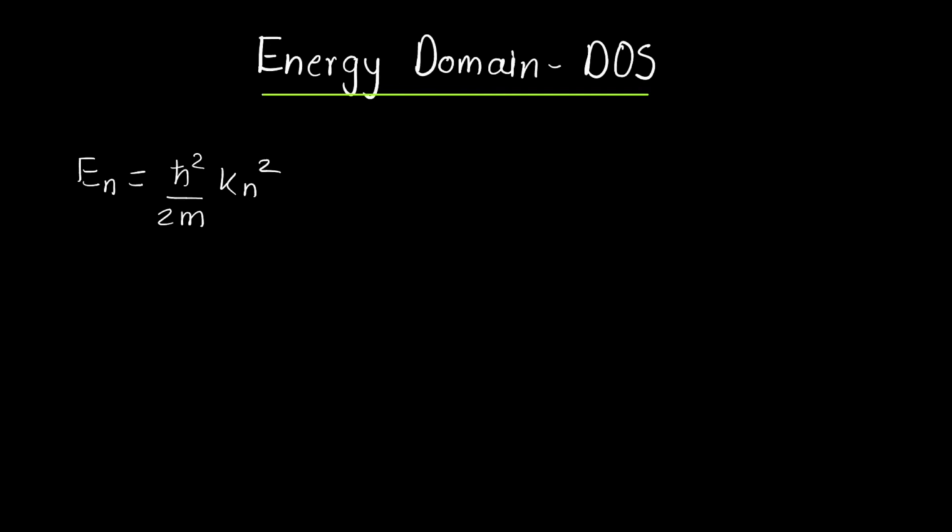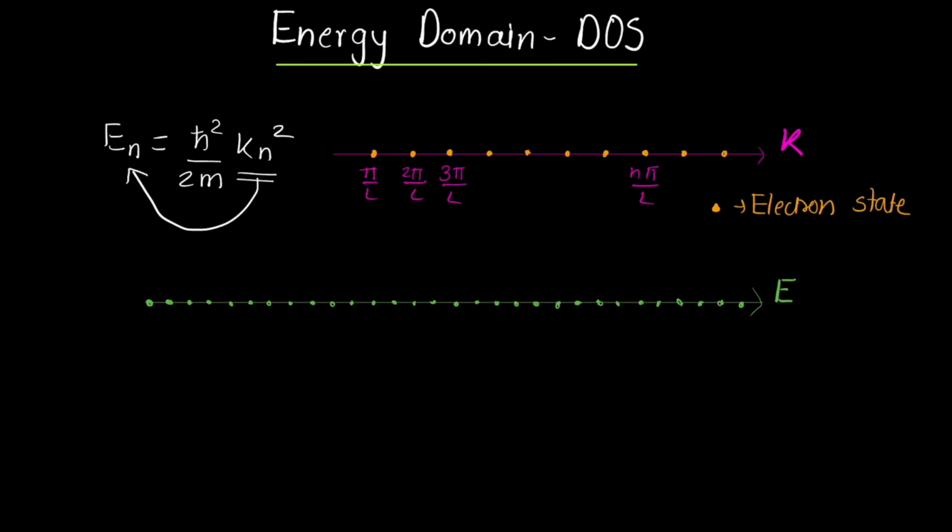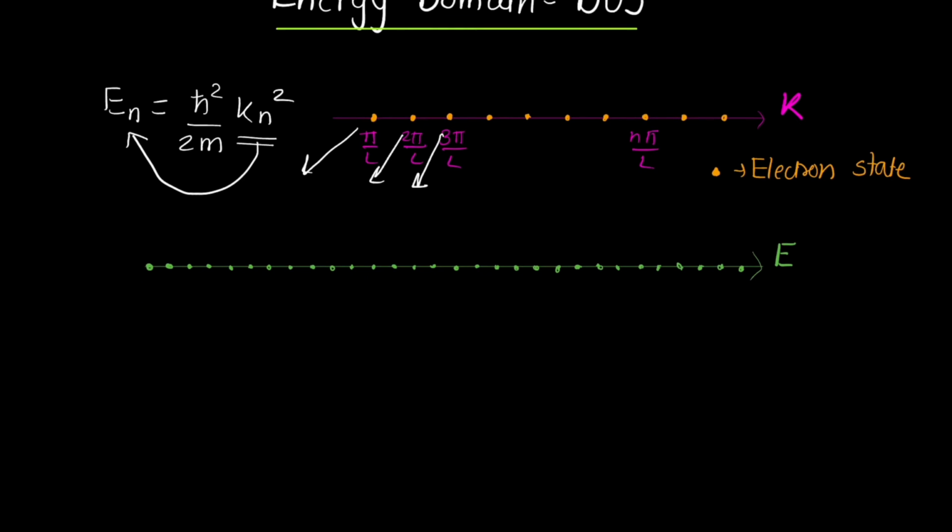It states that for every state which has a frequency of Kn, there is one corresponding state in the energy domain which can be called En. As we know all the possible states in the k domain, now we can find a corresponding energy for every value of k in the energy domain. So let's do that one by one.